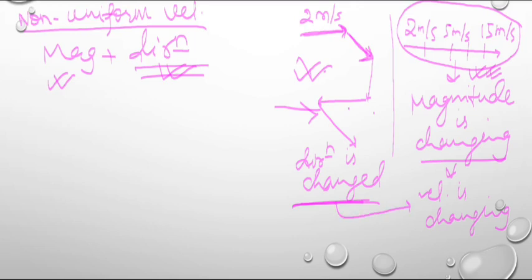Or students, we can do one more thing, that we can change both. We can change the magnitude. That is, initially it was 2 meters per second along this direction. Afterwards, it became 3 meter per second in this direction. And afterward also we can do, students, if we change the magnitude and direction of the object simultaneously.